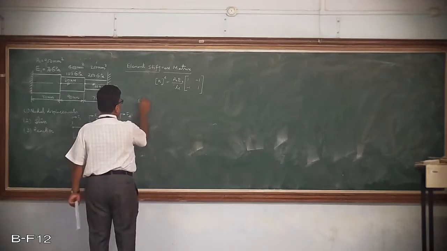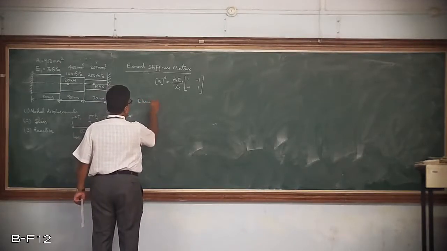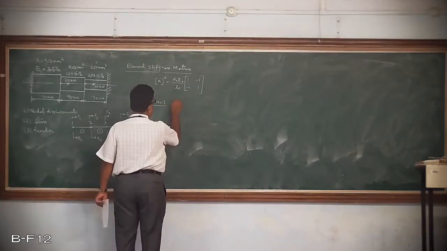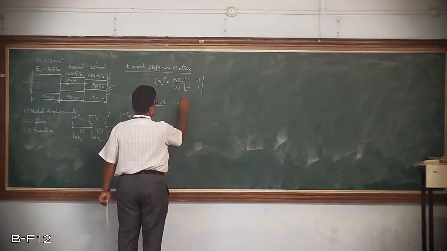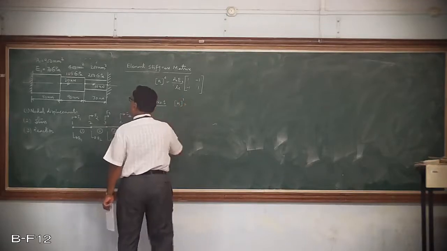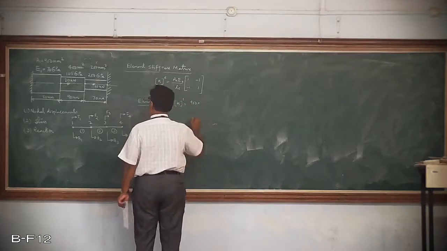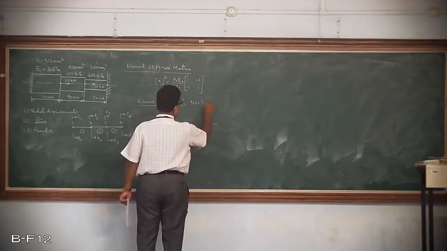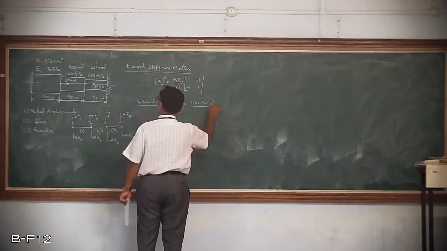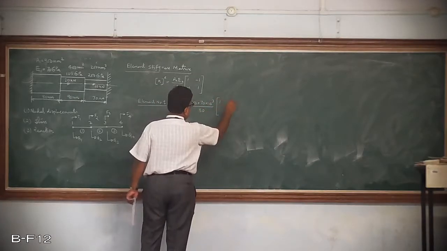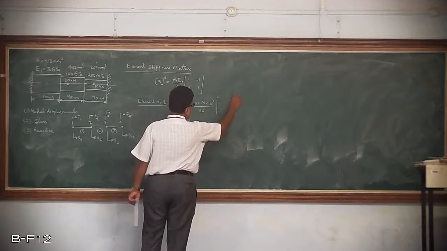For element number 1, the area is 900, then 70 into 10 raised to 3 is the Young's modulus, and the length of this member is 80, with the matrix 1 minus 1 minus 1 1.